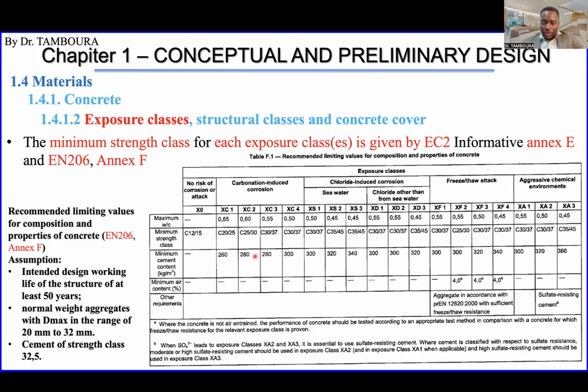In 1 cubic meter of concrete, you should have at least, because here it's saying minimum, so at least 280 kilogram of cement. Okay. So each class of exposition has a minimum amount of cement.